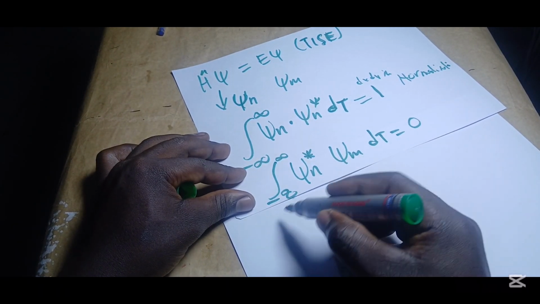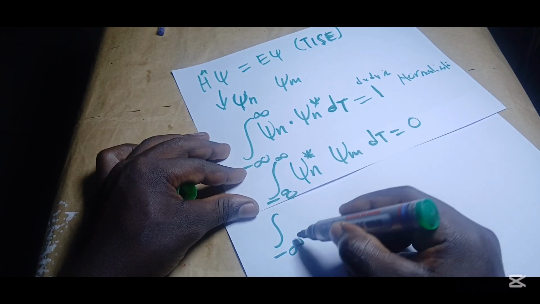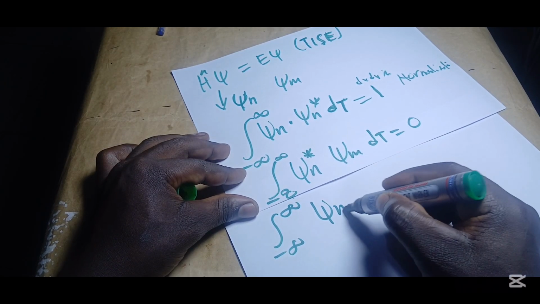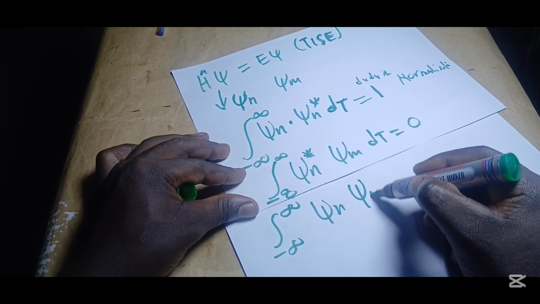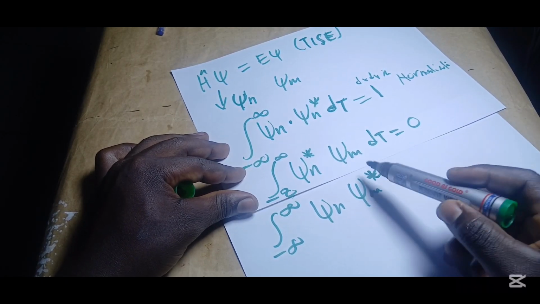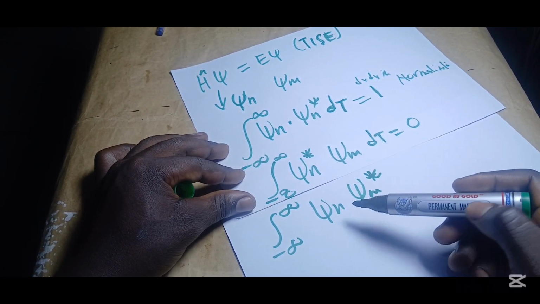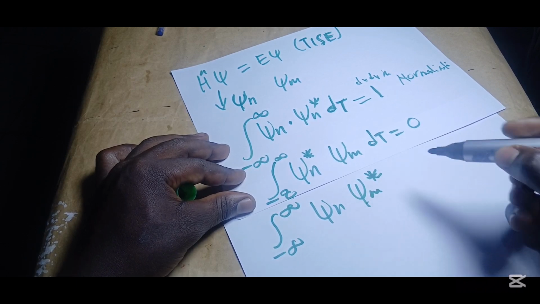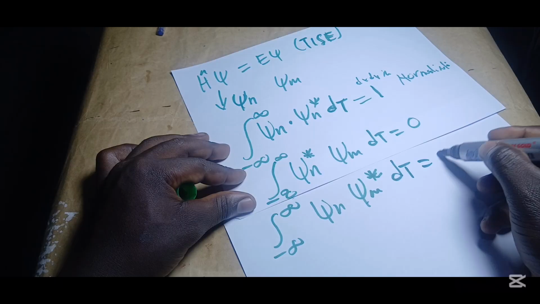We can also write it such that psi of m is the complex conjugate and psi of n is a normal wave function. So these two wave functions are different, but finding the probability density of the two of them gives us 0.